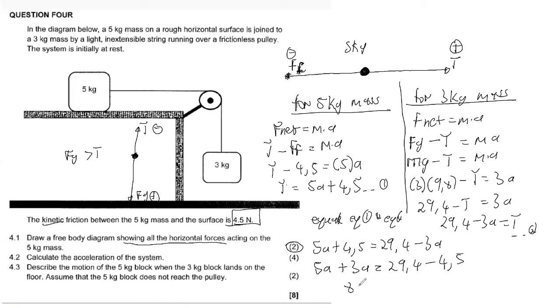Now this gives me 8a, and subtracting these gives me 24.9. Now I have to divide both sides by 8, so my acceleration is equal to 3.11 meters per second squared, right? And that's how you were supposed to calculate the acceleration.